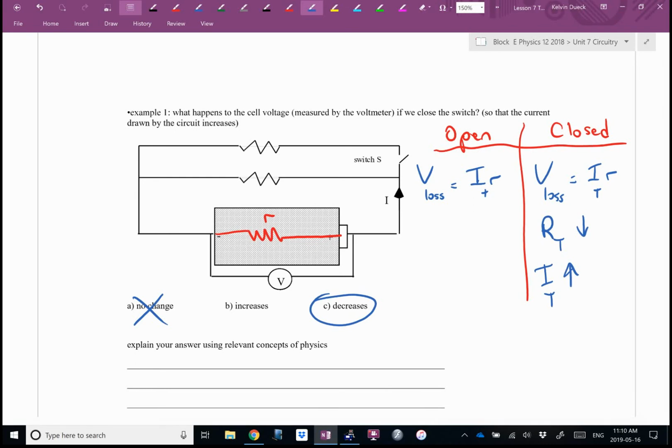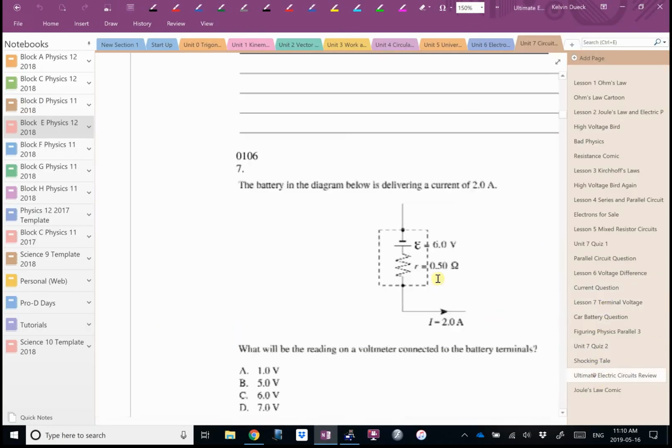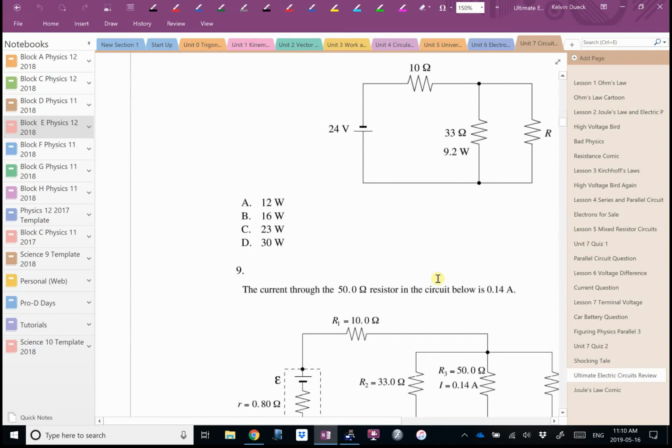It doesn't include that internal resistance. The terminal voltage is that minus that. I also recognize that if they don't give me an internal resistor, and they give me a question like this right here, I assume that voltage contains the internal resistance loss already, and they're just giving me the terminal voltage. Bada bing.